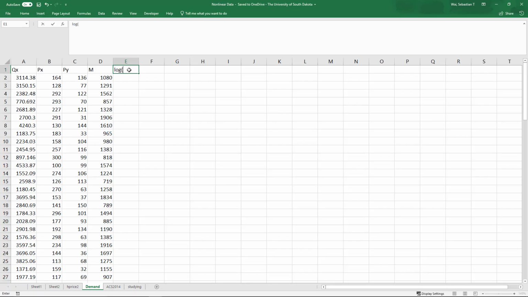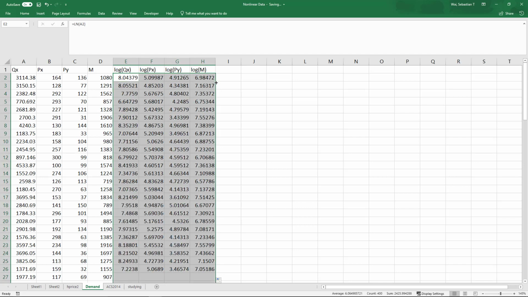First, I'll make some headings here for log of qx, log of px, log of py, and log of m. I'll use the ln function again for my log of q, and I'm going to run the formula all the way to the right to get all three of the explanatory variables, and then we'll run it all the way down to get all of our data.